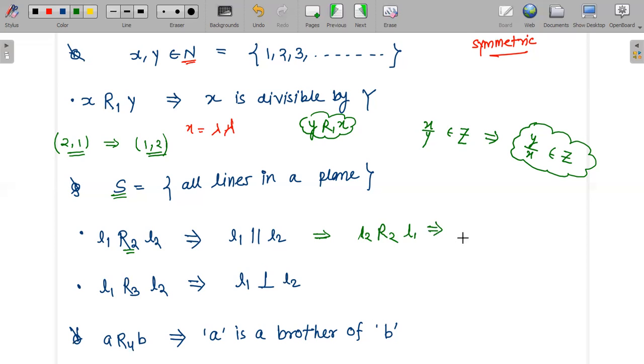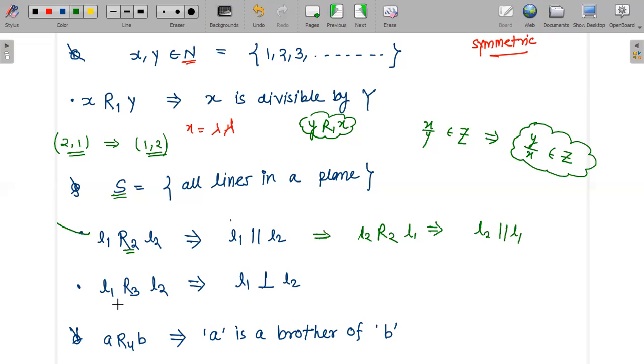So it implies that we need to prove that line L2 is parallel to line L1. We already know that line L1 is parallel to line L2. Swapping their positions will not affect their condition of parallelism. So obviously this relation is said to be symmetric.